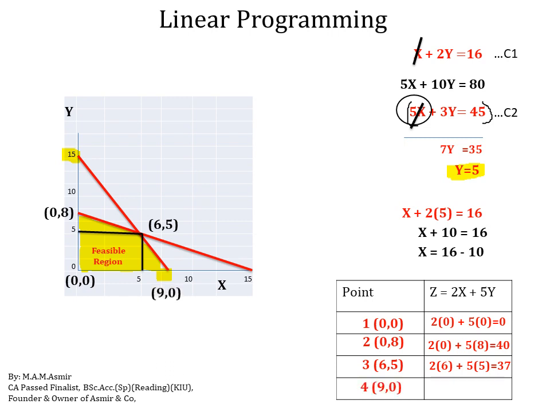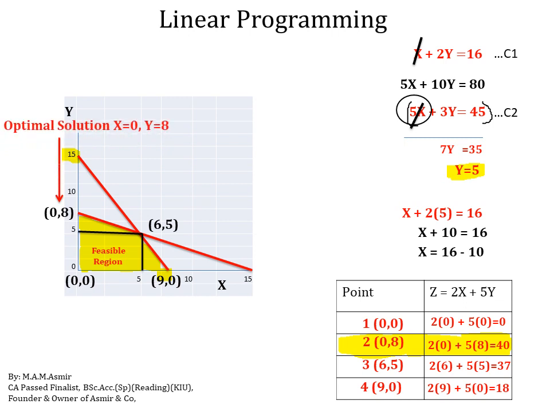So now the x and y coordinates at point 1 are 0, 0, and substituting them in the objective function gives 2 times 0 plus 5 times 0, which is equal to 0.